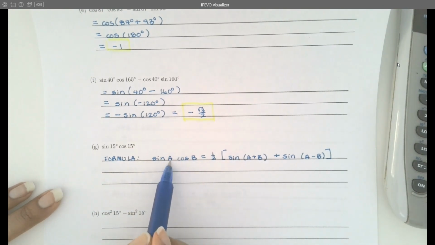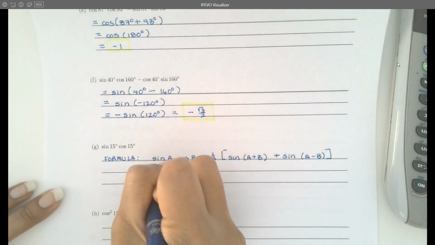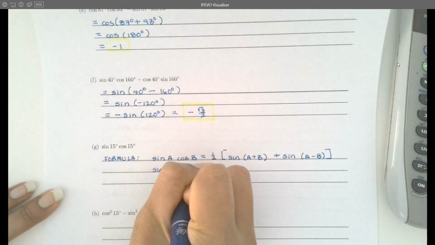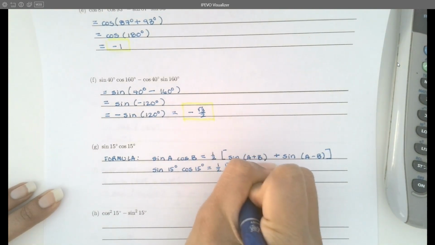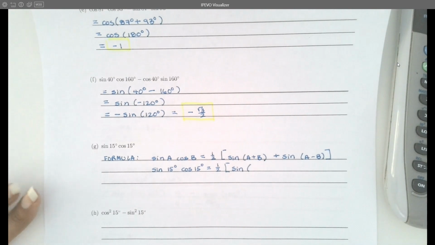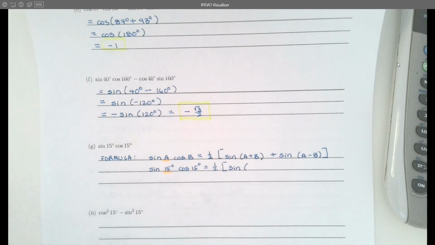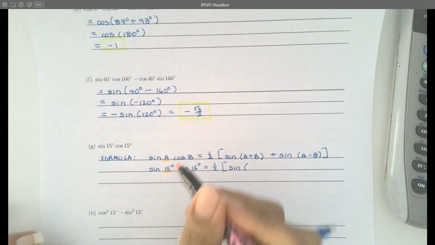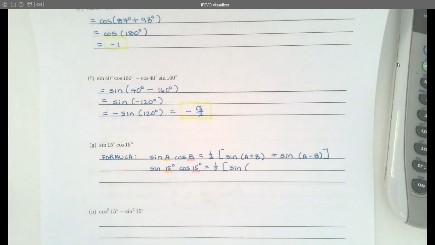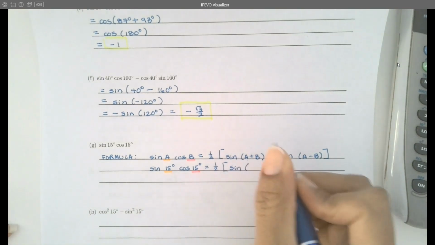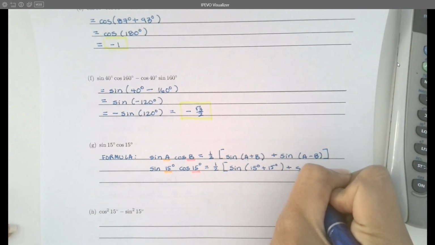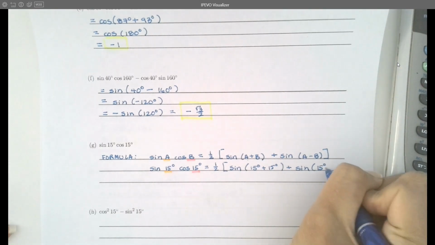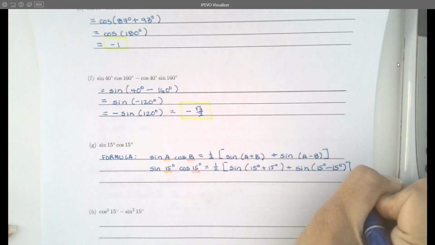Okay, so now if we compare the two, this left-hand side agrees. So if we replace A with 15 and B with 15, that means that we have sine of 15 degrees times cosine of 15 degrees is equal to 1/2 sine of the first angle, which is 15. And I'll just go ahead and color code these. So we'll have 1/2 sine of first angle 15, second angle is also 15, plus sine of first angle 15, second angle is also 15, and that's a minus.